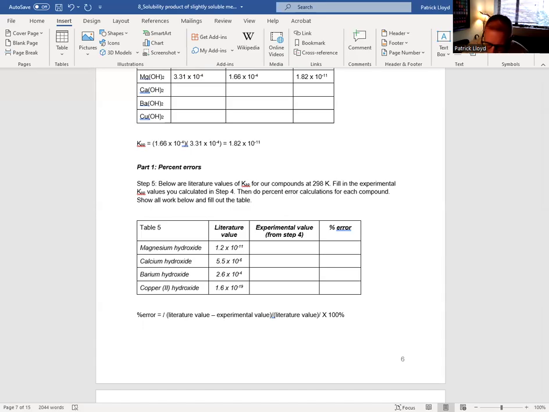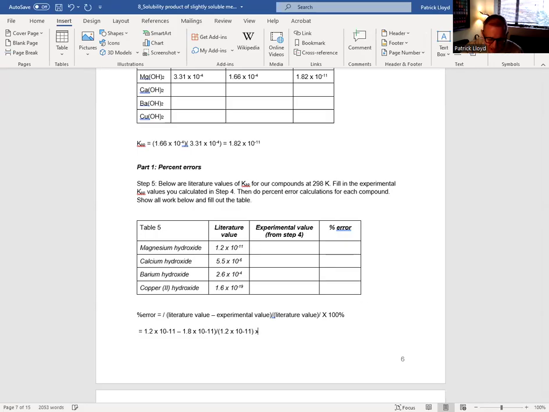Okay. So if you go and put your numbers in here, what you get is the literature value. I put them up here. 1.2 times 10 to the minus 11 minus 1.8 times 10 to the minus 11. And then that's going to be divided by the literature value, 1.2 times 10 to the minus 11.